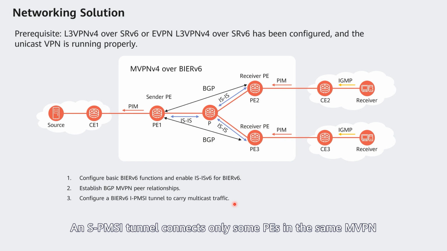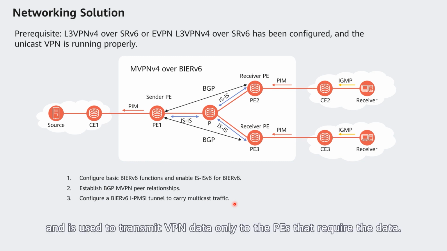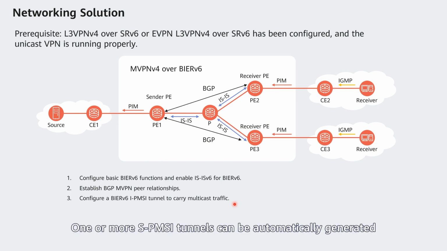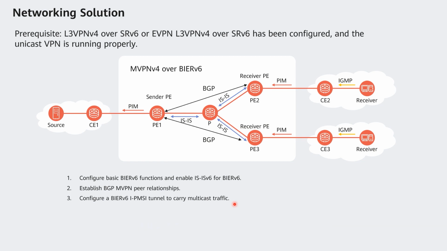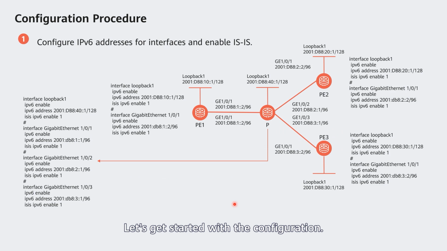An SPMSI tunnel connects only some PEs in the same MVPN and is used to transmit VPN data only to the PEs that require the data. One or more SPMSI tunnels can be automatically generated based on the SG information of different multicast services. Here, we will use an IPMSI tunnel to carry multicast traffic as an example. Let's get started with the configuration.